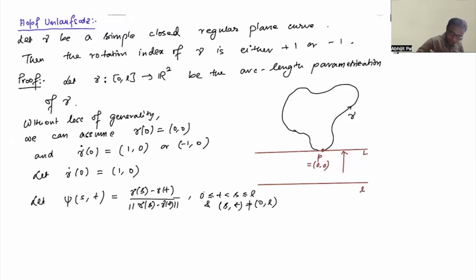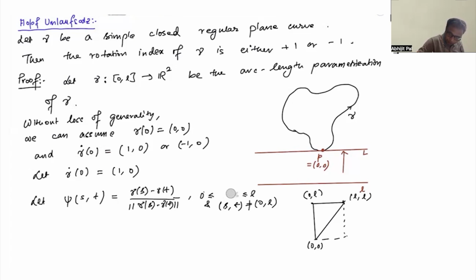Let me draw this triangle. This is my (0, 0), this is my (0, L), and this is my (L, L).